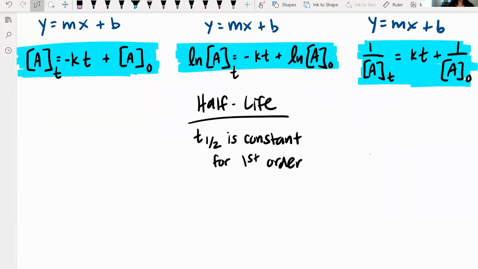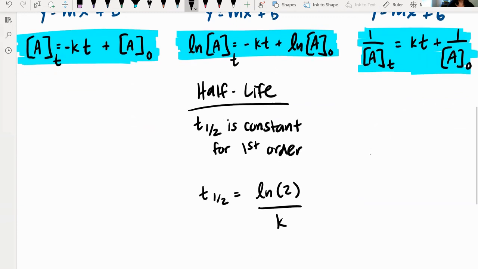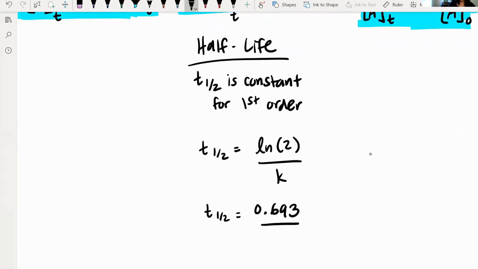The formula for half-life: half-life is equal to the natural log of 2 divided by K, the rate constant. And if you were to actually calculate the natural log of 2, natural log of 2 is equal to 0.693. That's going to be over K.